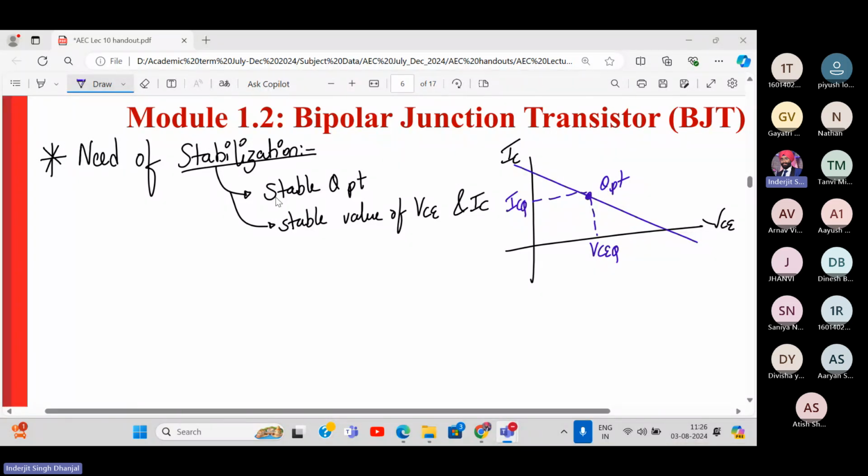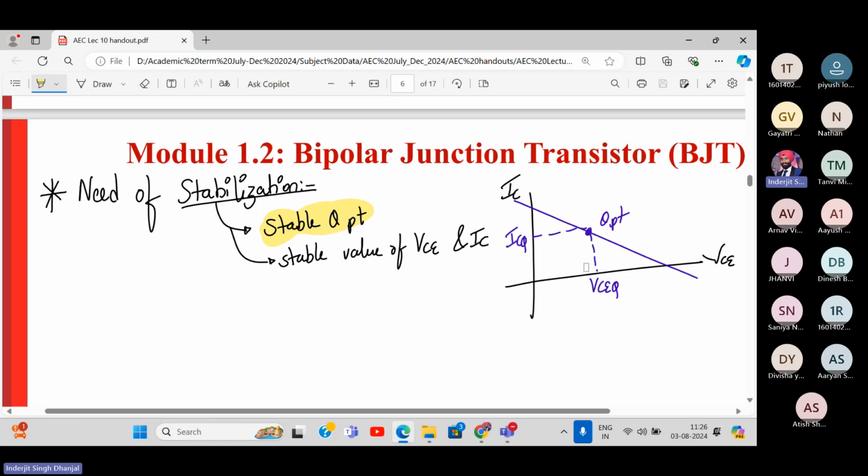Okay. So we want to stabilize the Q point. We want a stable Q point. That is the necessity for stabilization. Now, why will the Q point change? Anyone? Why does the Q point change, or the value of VCE or IC shift? See, let's say the Q point is shifting over here. You'll get a new value of ICQ, ICQ dash.